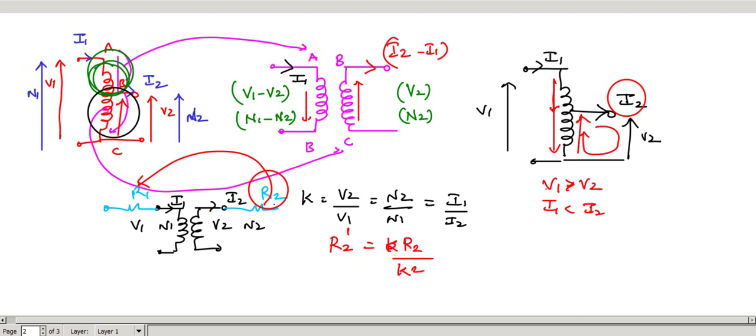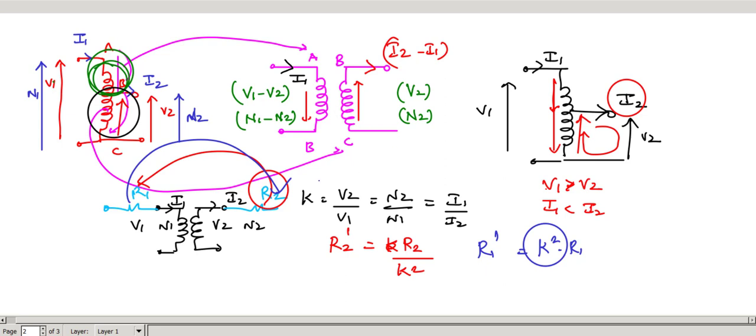When I transfer the secondary resistance to the primary, I divide by the transformation ratio square. Similarly, if I transfer R1 from primary to secondary, I will get R1 dash equal to K square into R1. So I multiply by the transformation ratio square when I refer to the secondary.